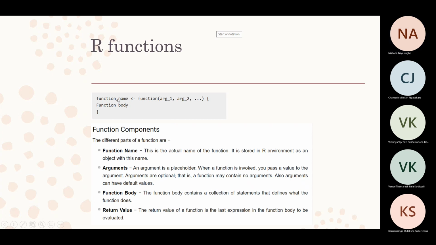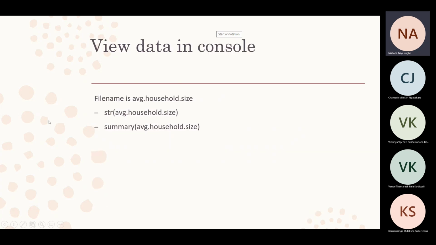So you can return either a string, or any argument, or a list, or a matrix. You can return anything. If you see here the summary function, it returns the summary of each and every column. You saw in the console, when we type this function name, summary, the summary of each and every column is being returned.